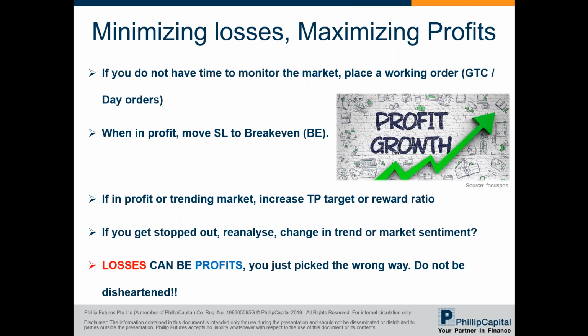You just picked the wrong way. It's a 50-50. If you didn't get it this time, you probably will get it next time. The number one reason people are not profitable is that they do not know how to cut their losses, and therefore they don't have a good risk to reward ratio.